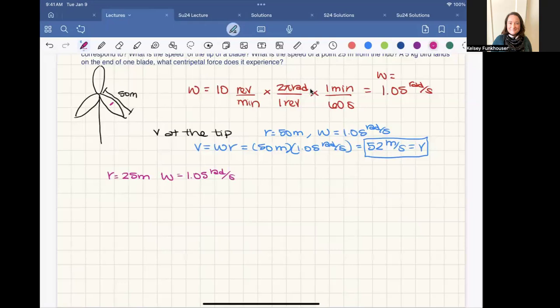And we'll get more into that, not today. Okay. So this is just going to be half of what we found before because we have half the distance. And this is showing us how radians aren't real units because we end up with meters per second, even though we are not canceling out radians, because again, they're technically not real units. It's kind of weird.